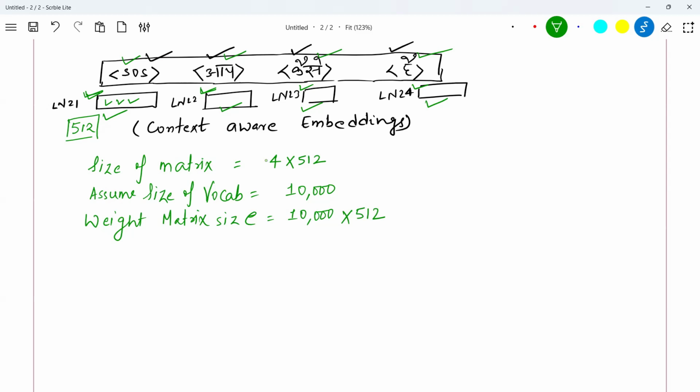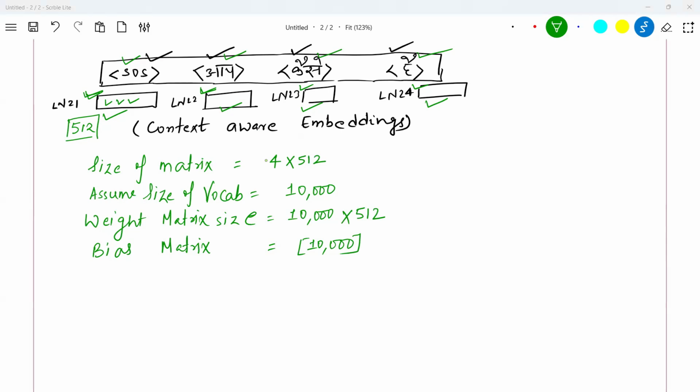Fine. And then there will be a bias matrix as well. You can think of these as learnable parameters. Don't worry much about this. Bias matrix size is also 10,000, basically 10,000 biases.